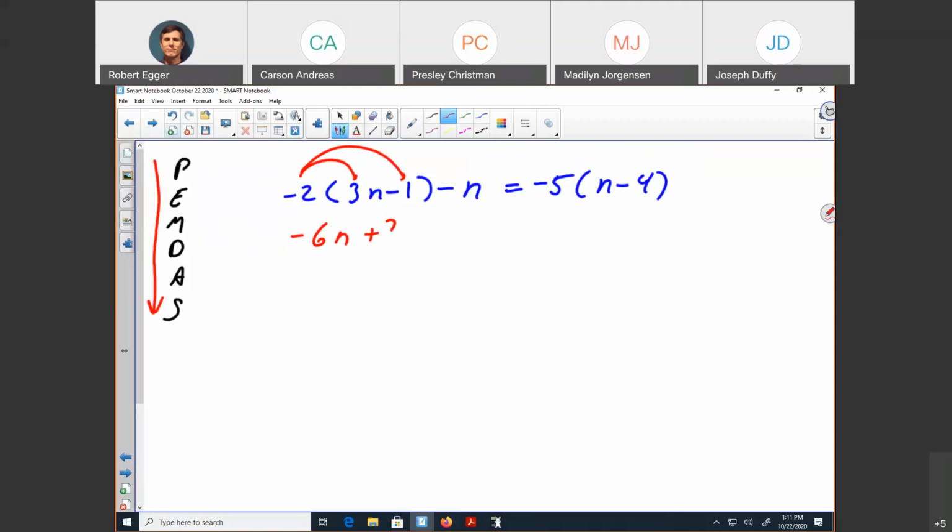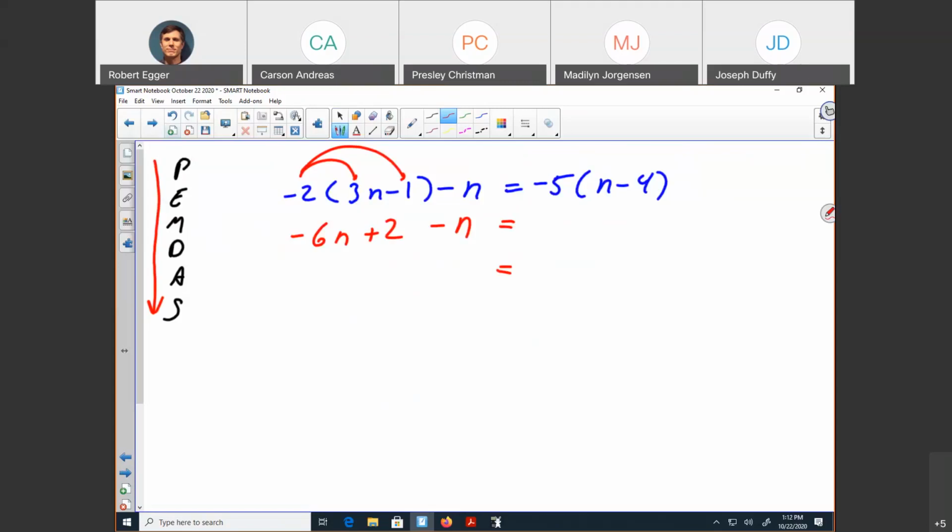So plus 2, and there's minus n here. All right? Not done with the side yet. Now I have an n term plus a constant and another n term. Now, my n's I can combine.